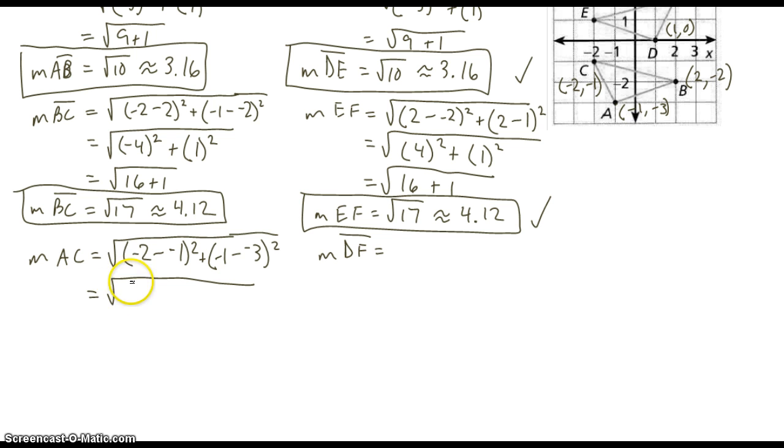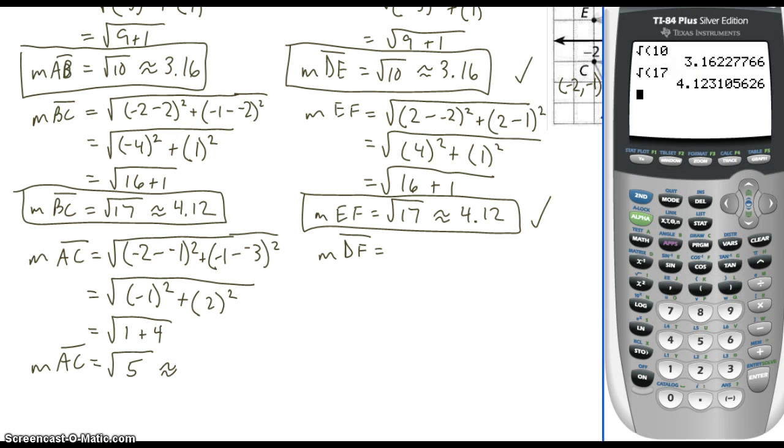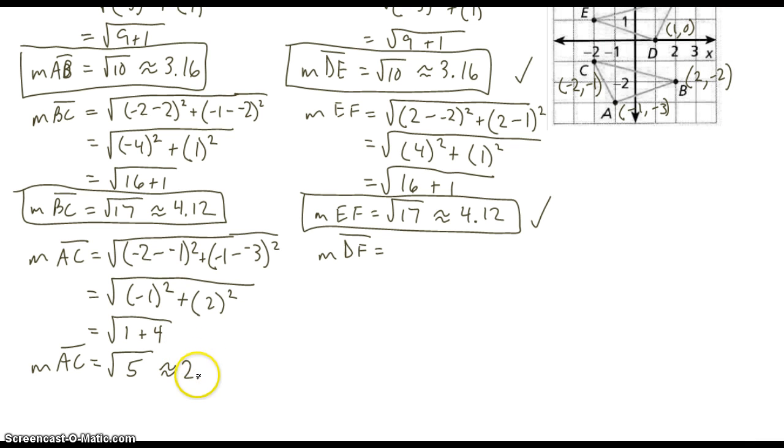So I have negative 1 squared plus 2 squared, which is going to be 1 plus 4. So the measure of AC is going to equal the square root of 5, which is approximately 2.24.